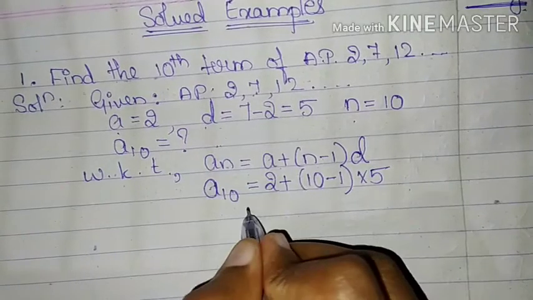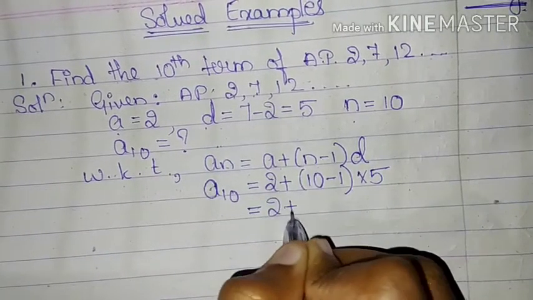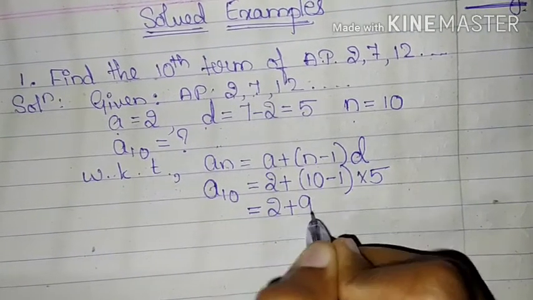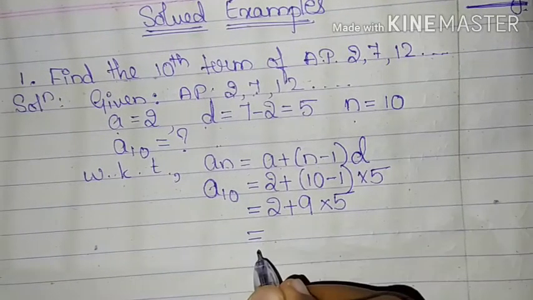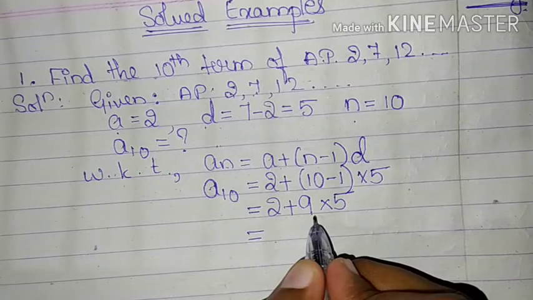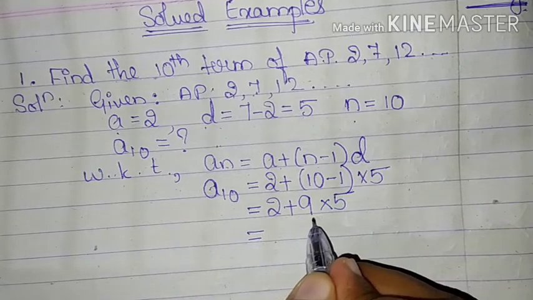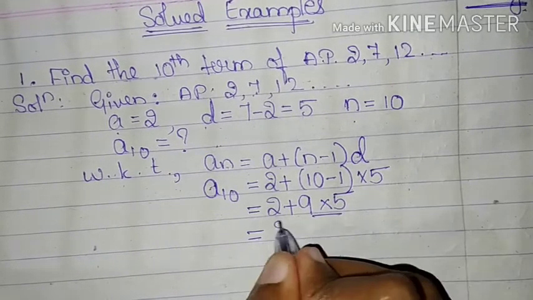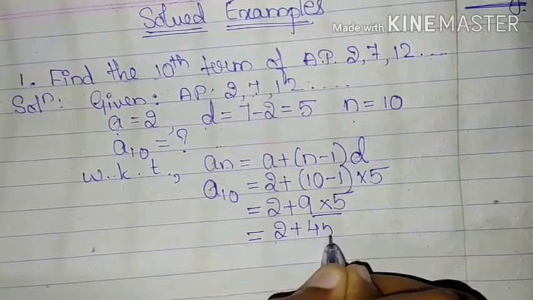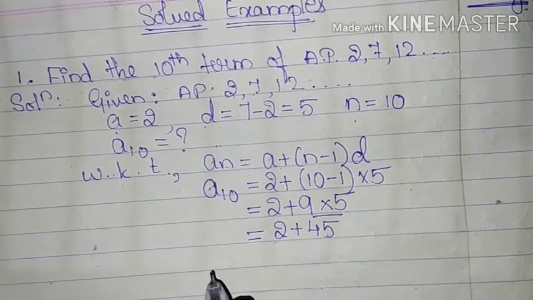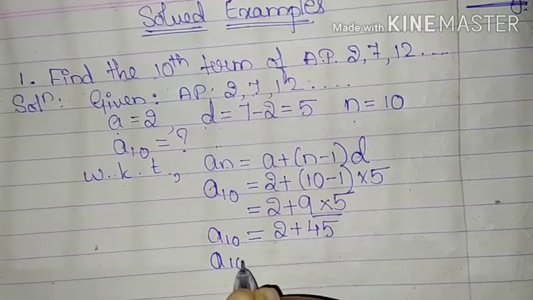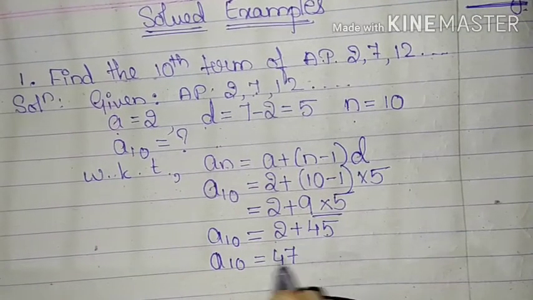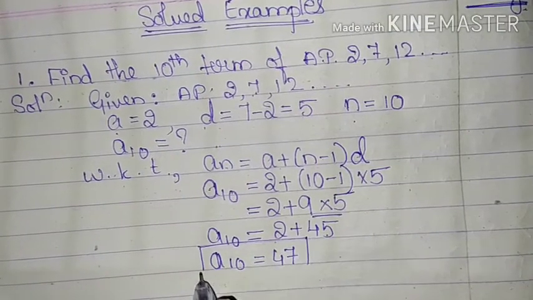So now A10 is equal to 2 plus (10 minus 1, which is 9) into 5. Now applying the DMAS rule, that is division, multiplication, addition and subtraction, we have to first multiply. 2 plus 45, 9 fives are 45. So A10 is equal to 47. This is our answer.